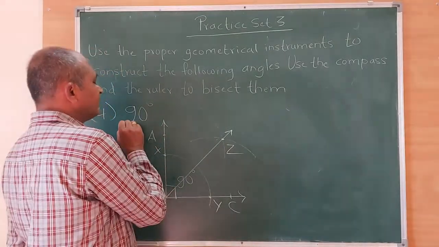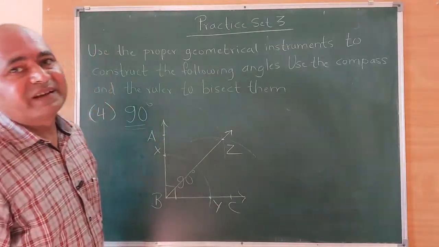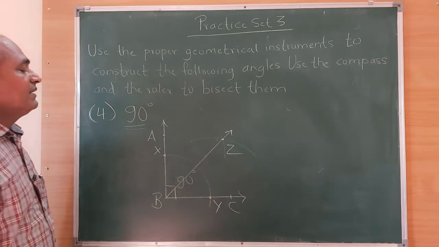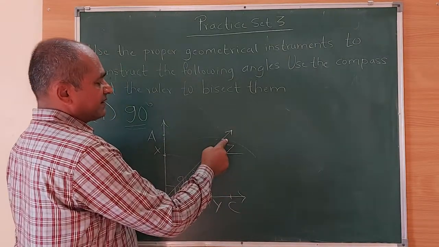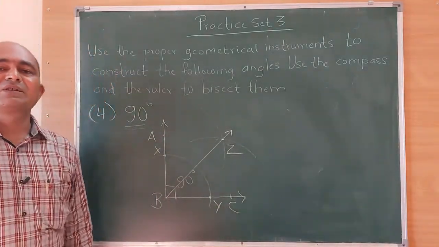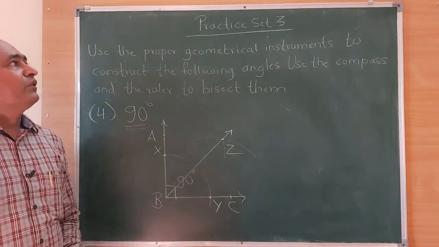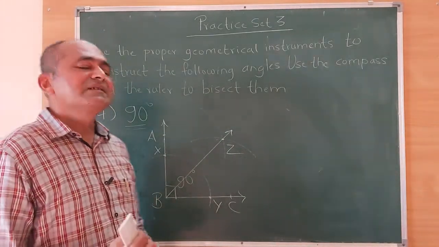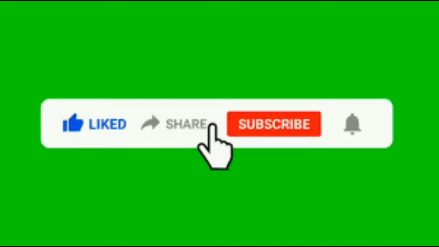If this is 90 degrees, yes, it will be half of 90, that is 45 degrees. This will be 45 and this also will be 45, that is angle ZBC also will be 45. 45 plus 45, 90 degrees. So we have discussed the problems for practice set 3.